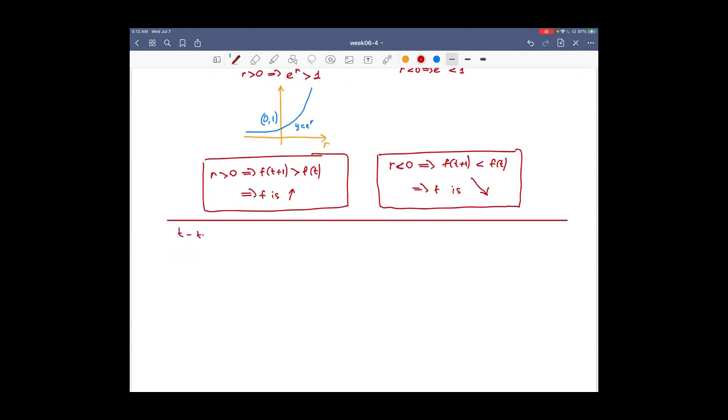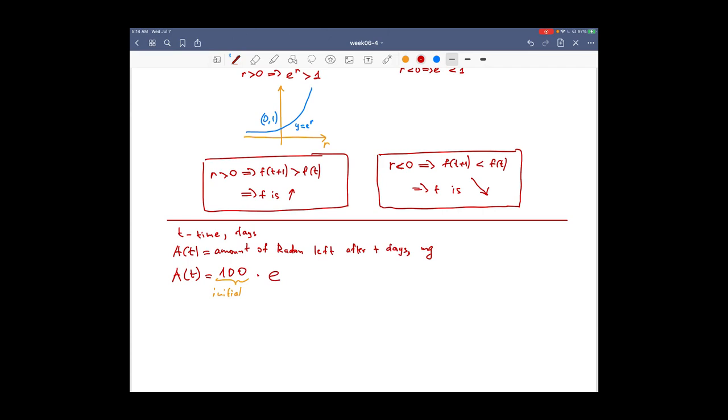If t is time, and A of t is the amount of substance, in our case radon, left after t days, t is measured in days. This is measured in milligrams. Then A of t is the initial amount, 100, times e to the power.